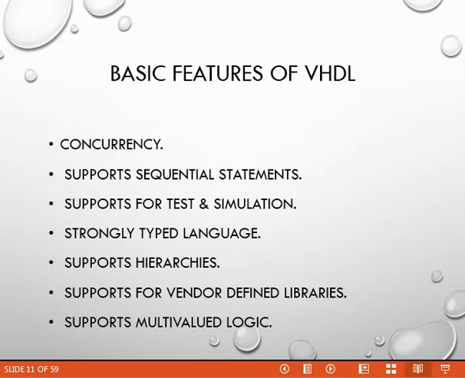Now let us discuss the basic features of VHDL. The first basic feature is concurrency. What is meant by concurrency? In typical languages such as C++ or Visual Basic, the code is executed in a sequential manner.